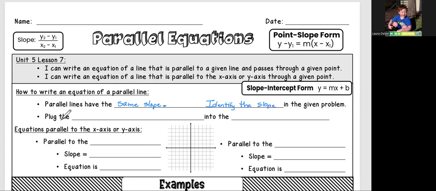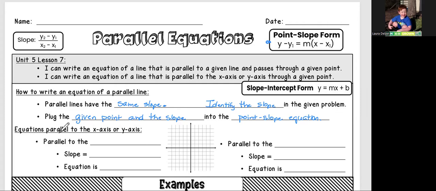And when you get that slope, you're going to plug in the given point and slope into the point slope equation. We'll be using this equation up here quite a bit today.